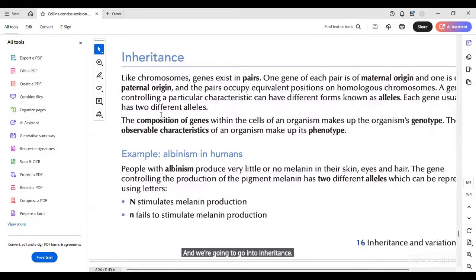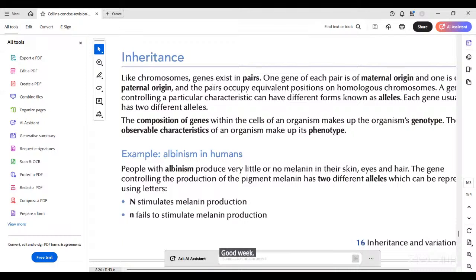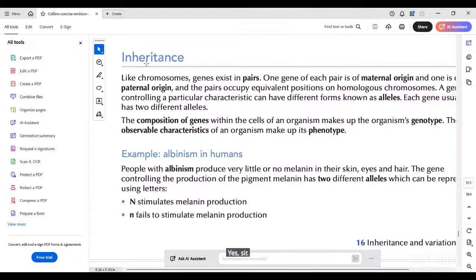Now, inheritance, like chromosomes, genes, I think we could do this question now. Could we do that question now? Yes, sir. I think we can flip back to that question. We could jump back on the big question now.